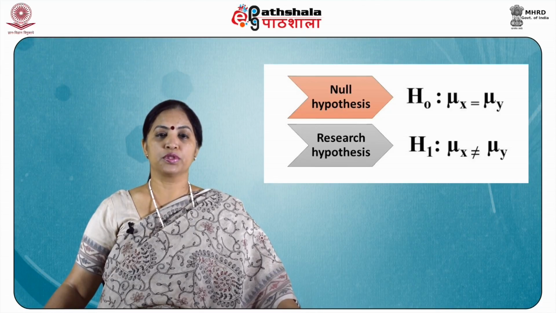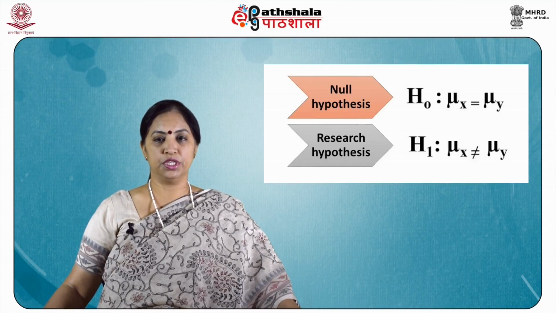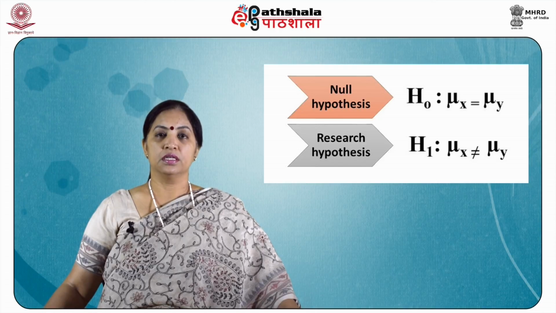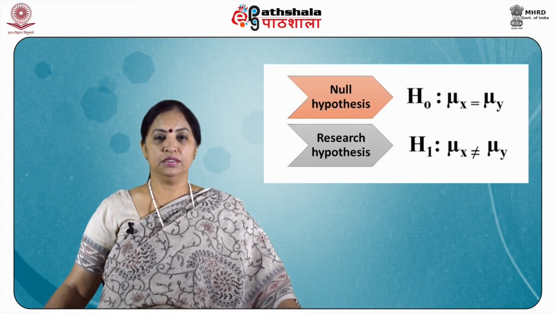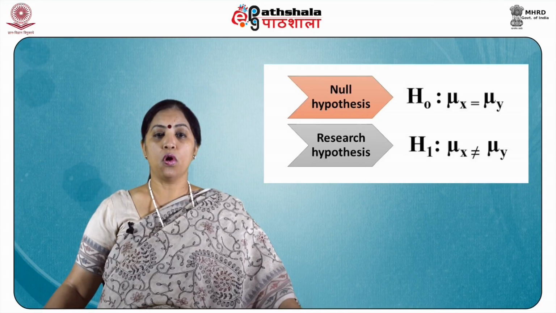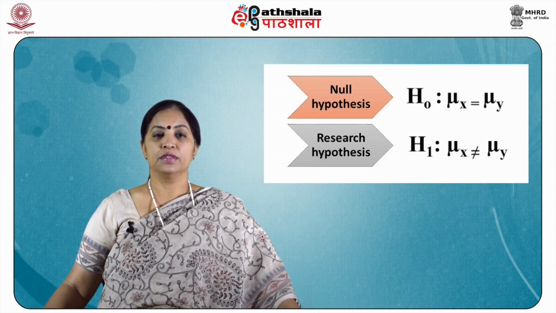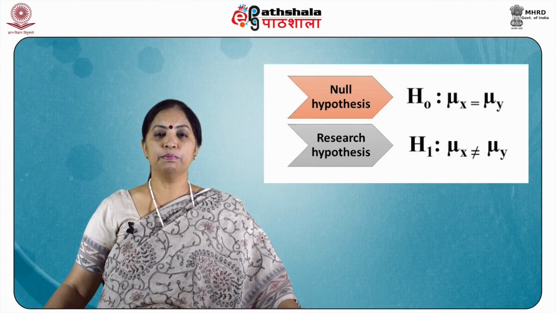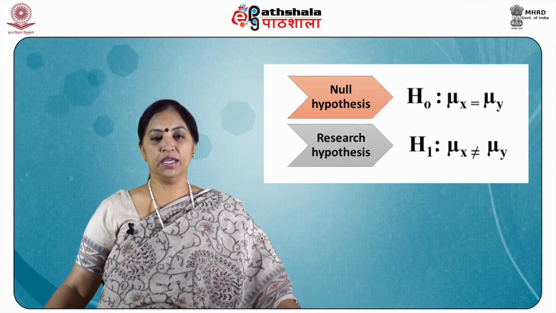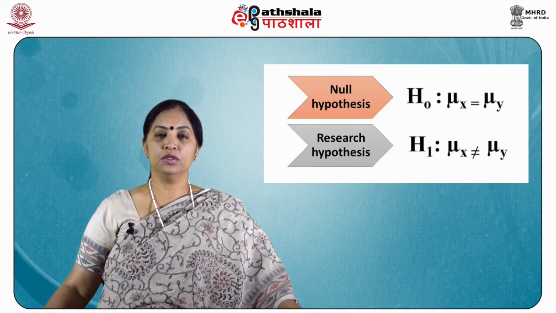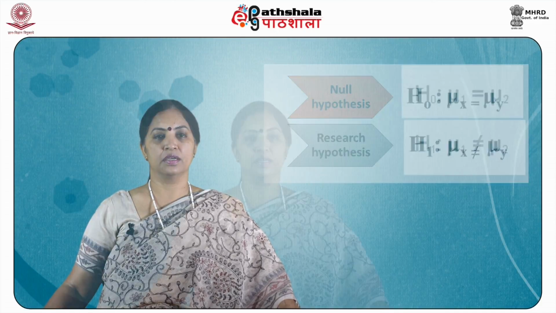The research hypothesis is that the two population means are not equal to each other. That is, the mean of population 1 is greater than or less than the mean of population 2. The alternative hypothesis is simply stated as mu x not equal to mu y, that is, the mean of population x is not equal to the mean of population y.